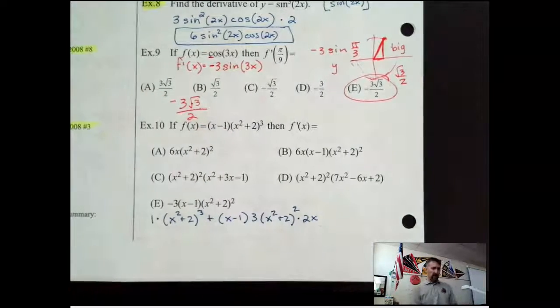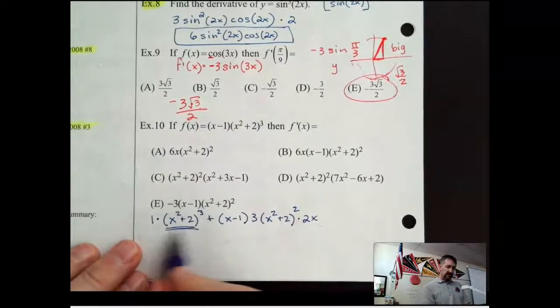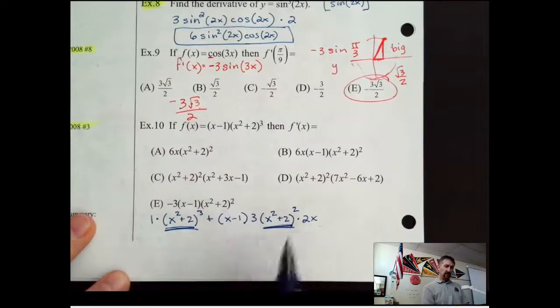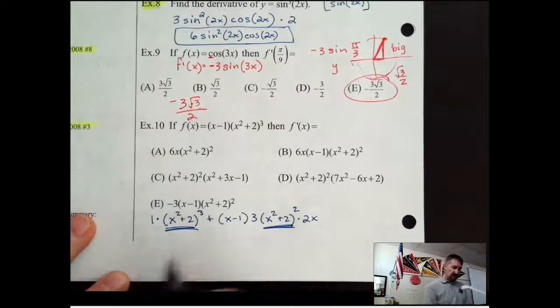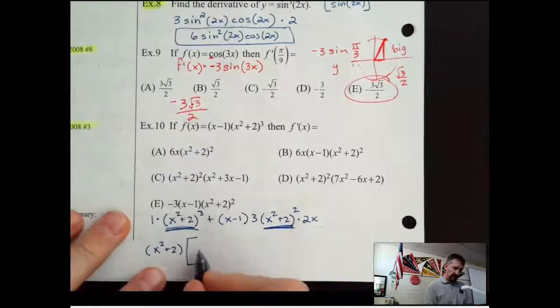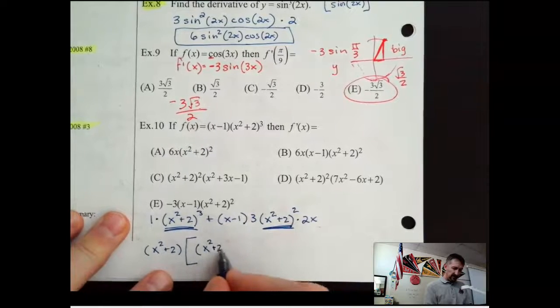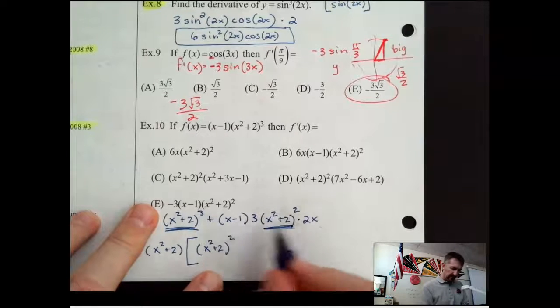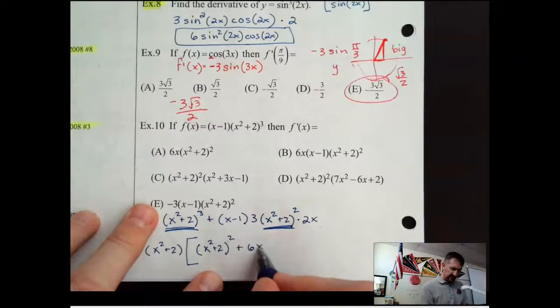Now when you look at that, I hope you notice that there is a factor, x squared plus 2, in both of these terms. There's two terms here. So if I factor that out, x squared plus 2, then I'm going to have an x squared plus 2 squared. And then here, one of those went out, and this times this, that's 6x.